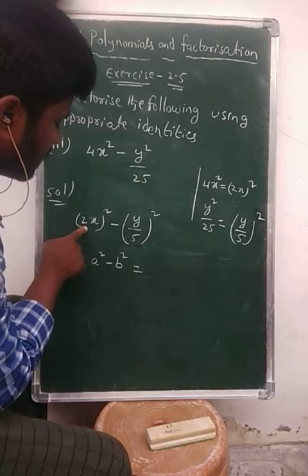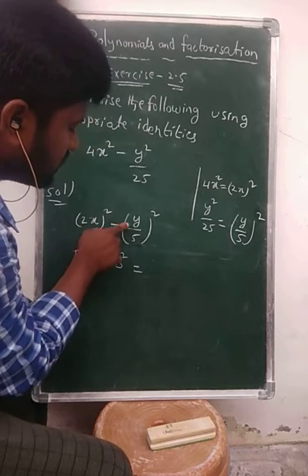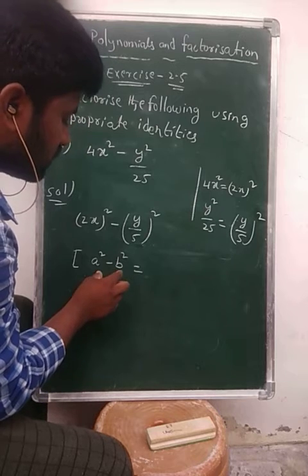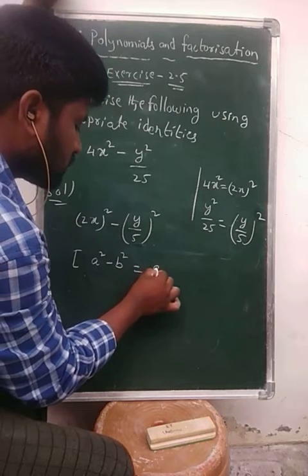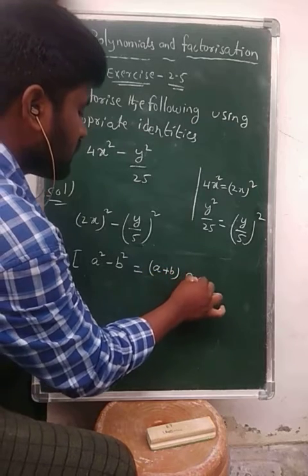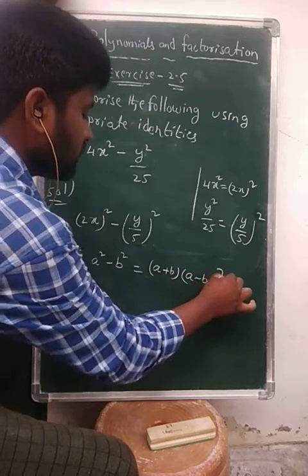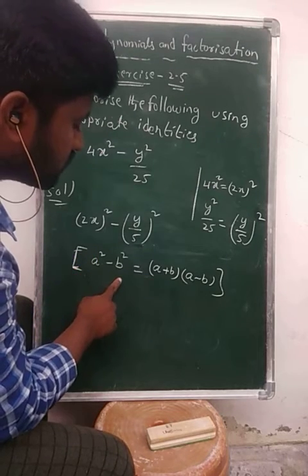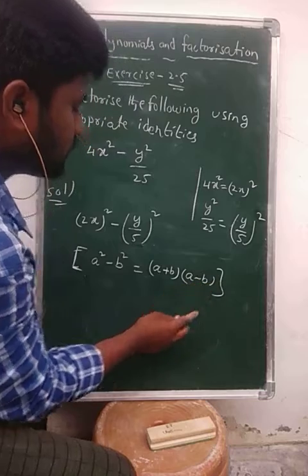Here a is 2x, b is y by 5. By using this identity we can express it as a plus b into a minus b. A square minus b square means a plus b into a minus b.